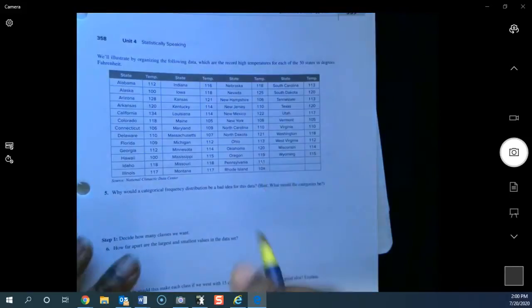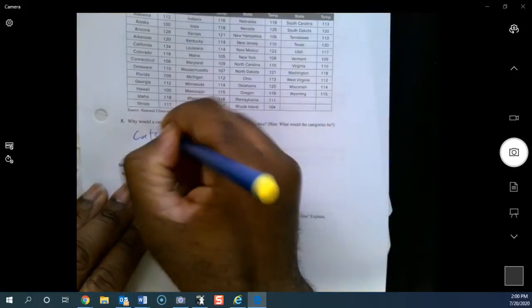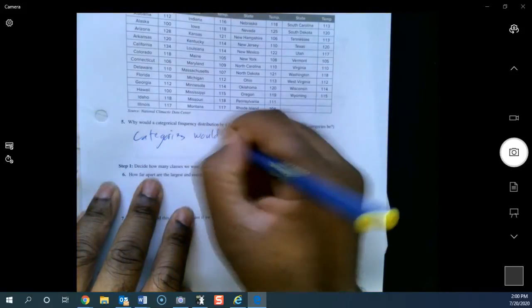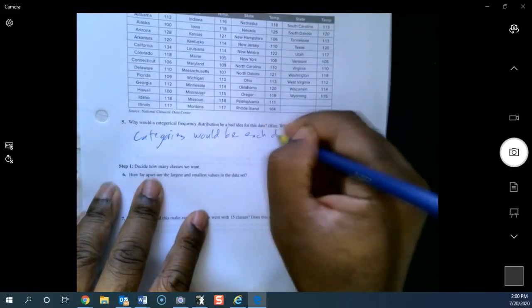The reason being is categories would be each different temperature.